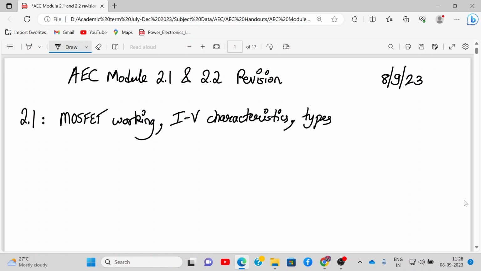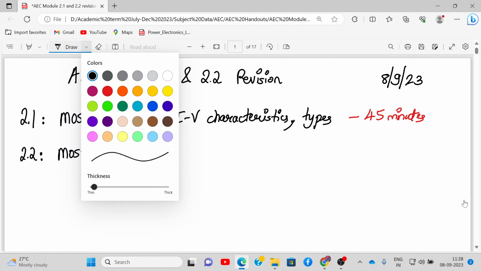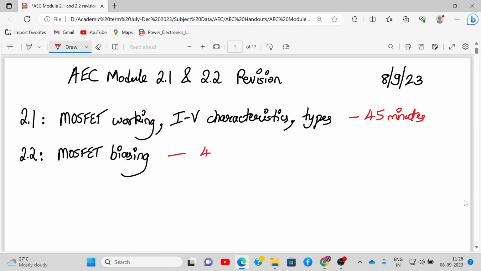So we'll be devoting around let's say 45 minutes for 2.1, and for 2.2 we have MOSFET biasing. So in MOSFET biasing we will be covering various biasing circuits, and here we plan to cover in 45 minutes. So this is a plan.